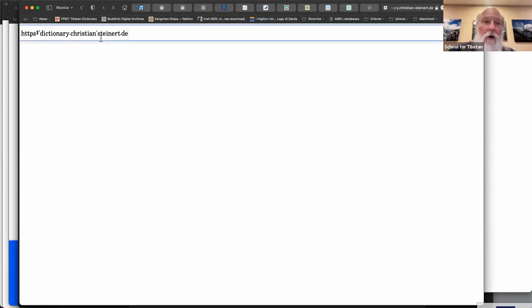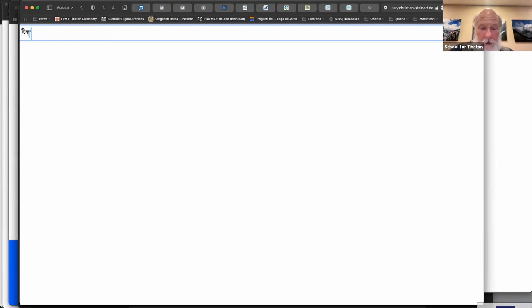Here you will find a collaborative dictionary in which you can enter both Wylie transcription or Tibetan script. It recognizes both exactly the same.